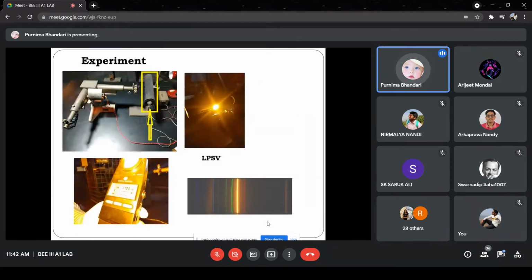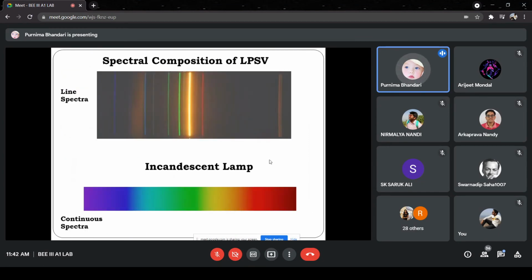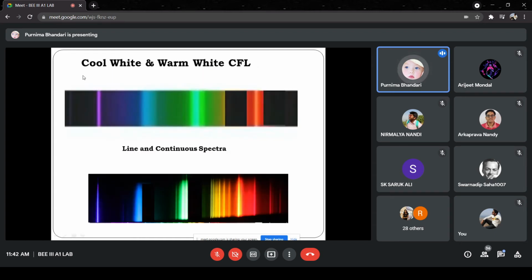So this is the experimental setup, and this is the line spectrum for low pressure sodium vapor, or SOX. This incandescent lamp has a continuous spectrum. You will be very excited to see this kind of light coming. The light comes continuously for cool white and warm white.